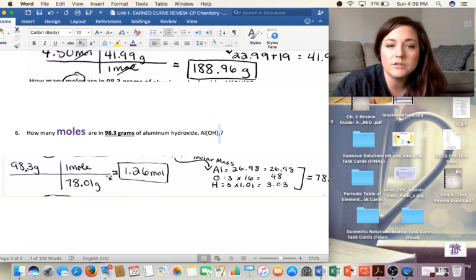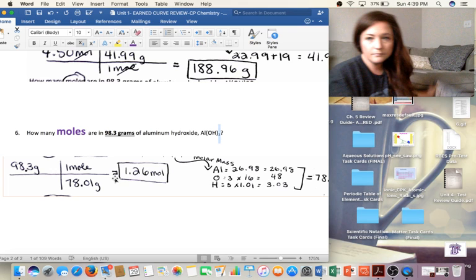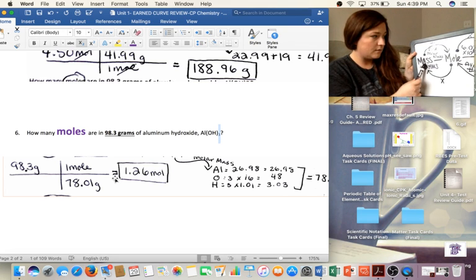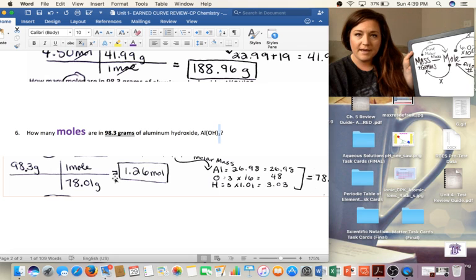I was able to convert from grams to moles. And just like that picture I showed you, whenever I'm going from a mass, grams, to a mole, you end up dividing by the molar mass.